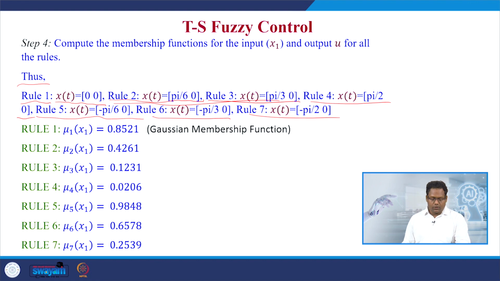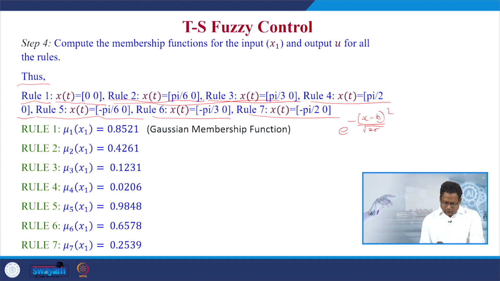Now, let us talk about rule 1, where the rule 1 corresponds to the membership function of the variable x1, that is given by the Gaussian membership function. That is given by e power minus x minus b whole square divided by root 2 sigma, where x is the variable, here it is x1, and b is the mean value, and sigma is the width, or the membership corresponding to the crisp value x1.